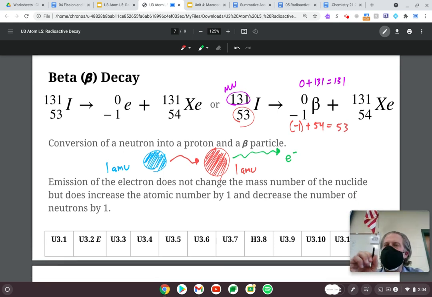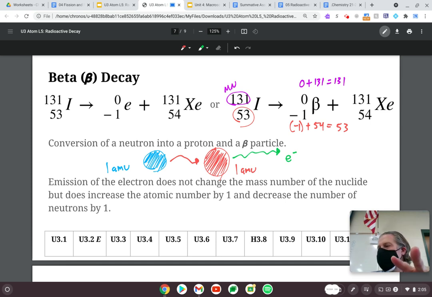So what happened is that a neutron in the parent atom, in this case the iodine, changed into a proton, changing the atom itself from iodine into xenon. The beta particle, the electron, was given off, and so both sides have to add up to the same value, which in this case is 53, and students sometimes find that a little tricky.